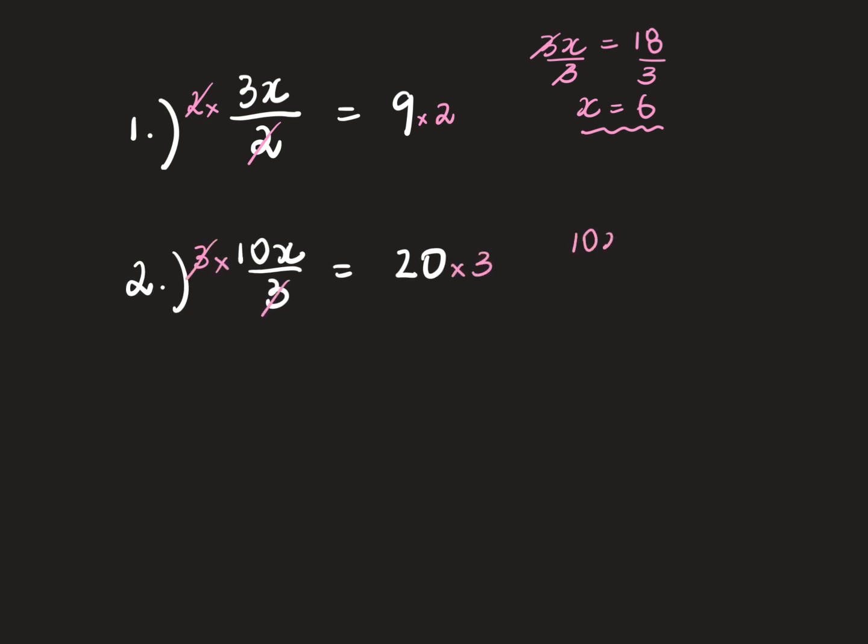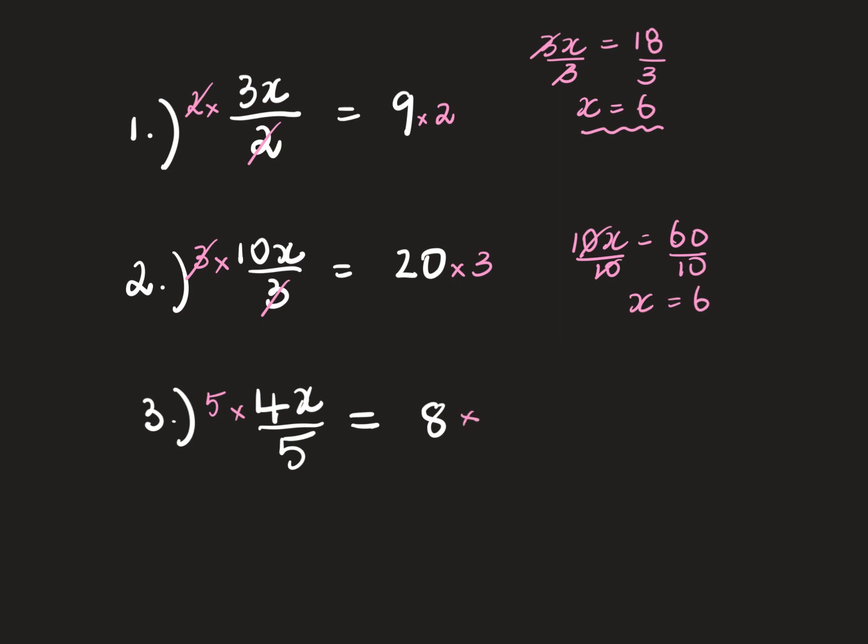That gives me 10x equals 60. Divide by 10, cancel. X equals 6. Next one here. 5 times 5, cancel. 4x equals 40. Divided by 4, cancel. X is equal to 10.